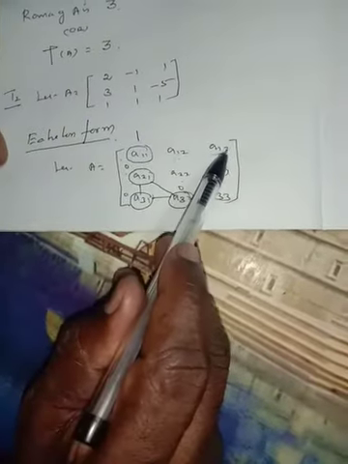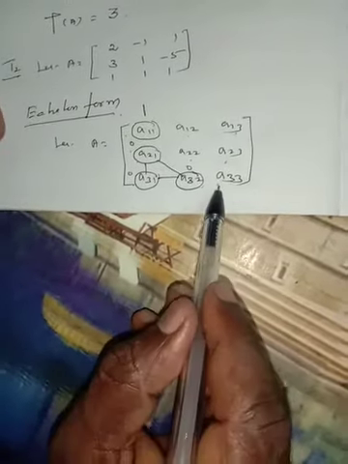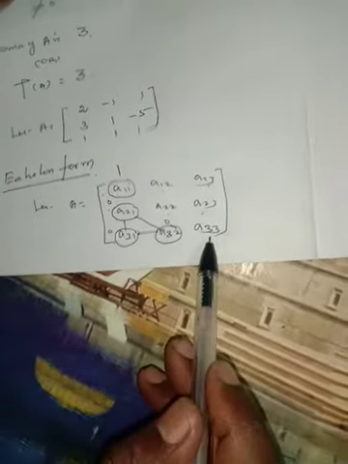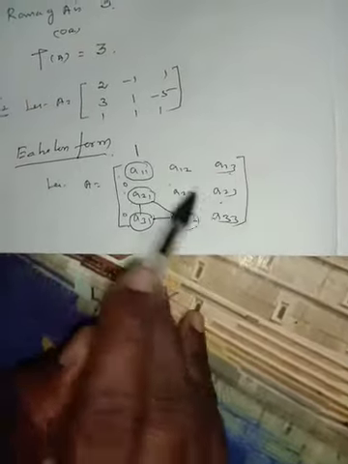Then rank will be 1. Suppose we cannot convert A33 to 0, that is A33 not equal to 0, and A22, A23 not equal to 0, first row not equal to 0. Then rank will be 3. Okay. This is a very important concept.